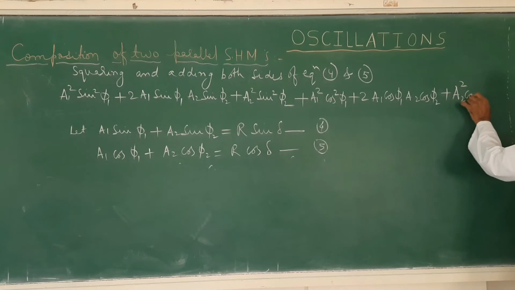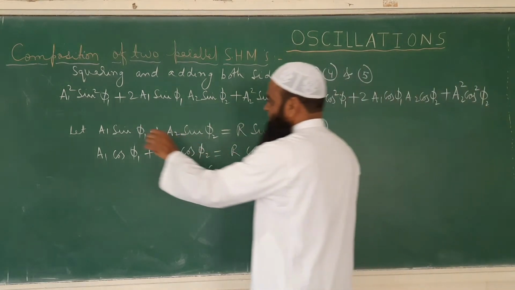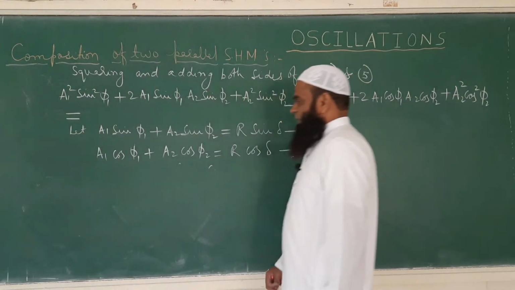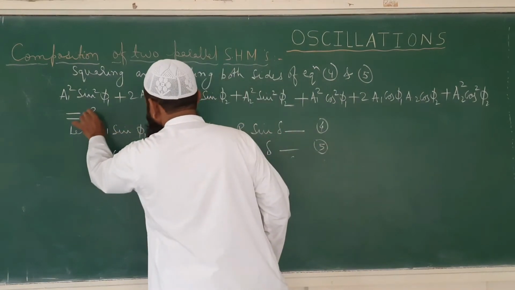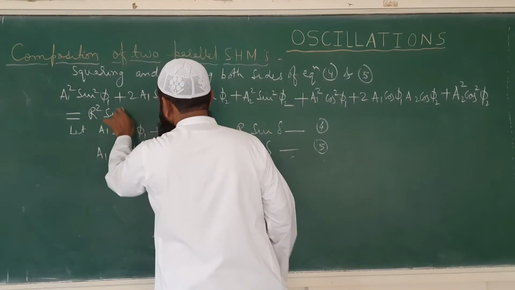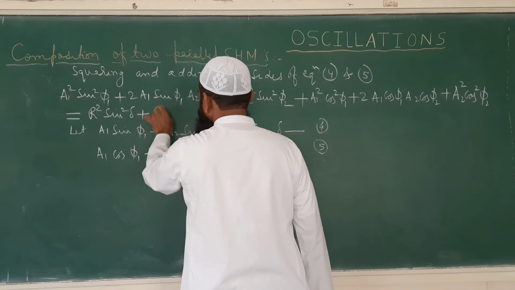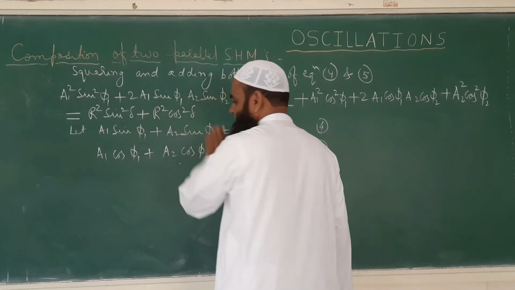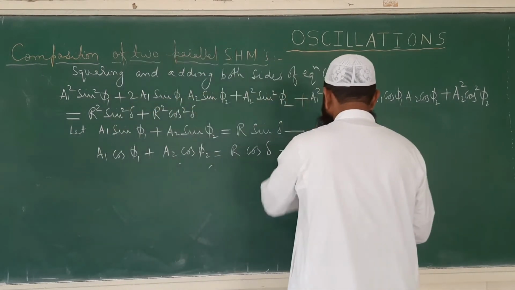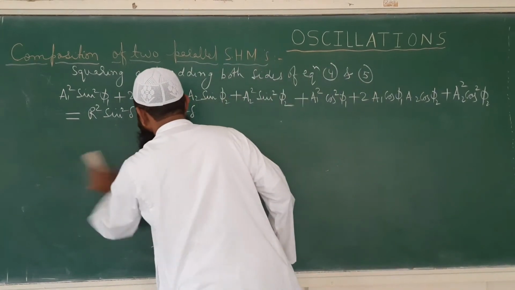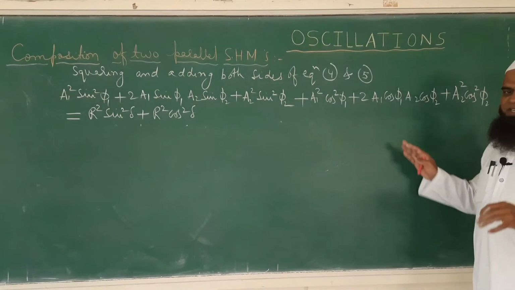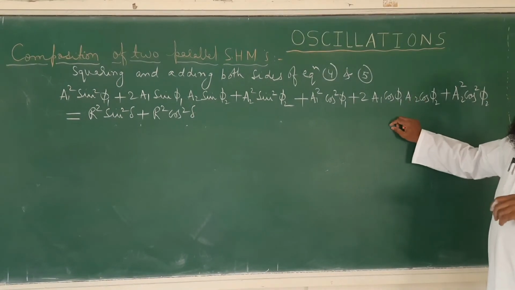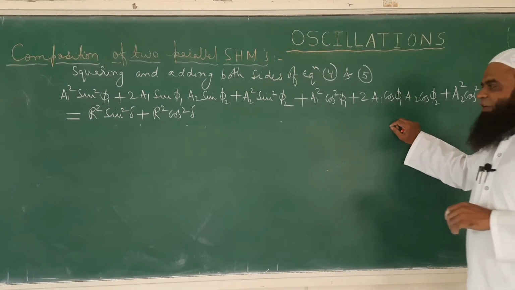This is equal to, now squaring the right hand side and adding: r square sin square delta plus r square cos square delta. Now this equation is a little bit big. Now we will try to minimize it by using some trigonometric relations.